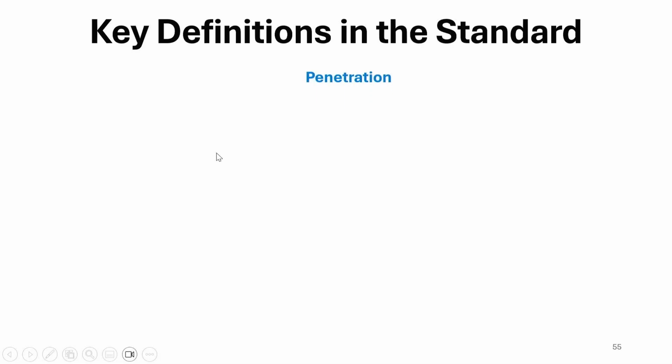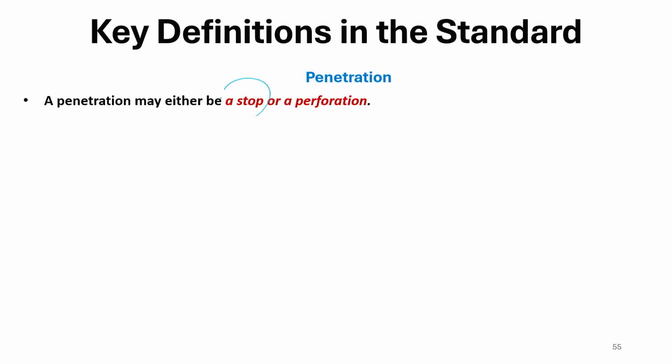Second is the penetration. The second key point is penetration. A penetration may be either a stop or a perforation. This is the armour. A bullet may be stopped here, or there may be complete perforation.